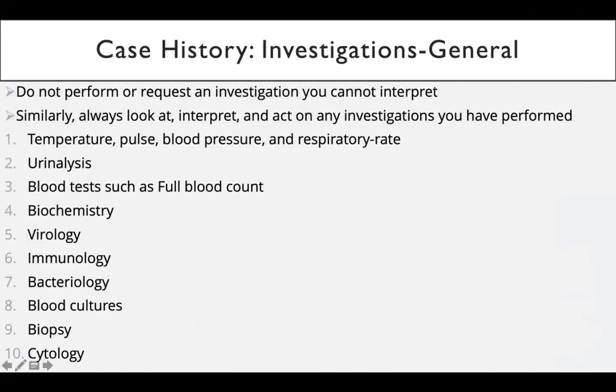The general examinations consist of body temperature, pulse, blood pressure, respiratory rate, weight, and height, you can add, and then urinalysis and blood tests, including full blood count, and then biochemistry, virology, immunology, bacteriology, blood cultures, biopsy, and cytology.